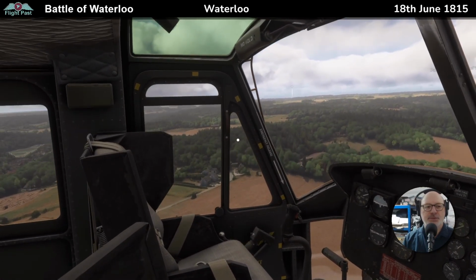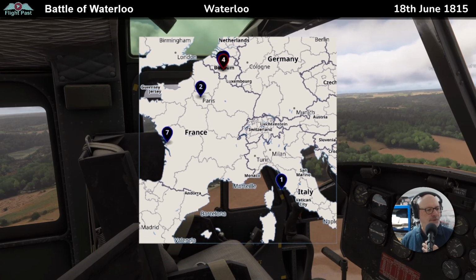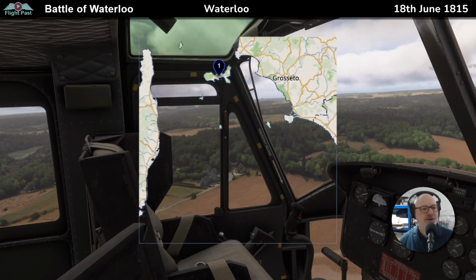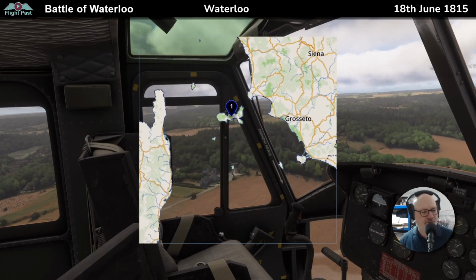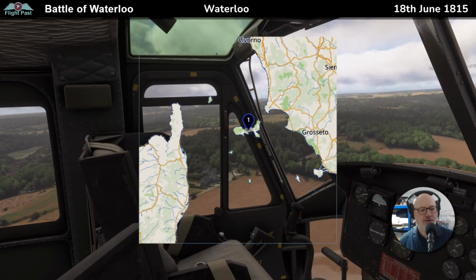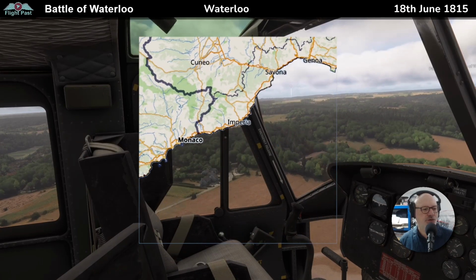Let me just get the map out for you so you all know exactly where we are. This is the journey that we've taken. We've started off down here in Elba, so go back if you want to find the whole story. We started off here February 1815, and Napoleon comes across.